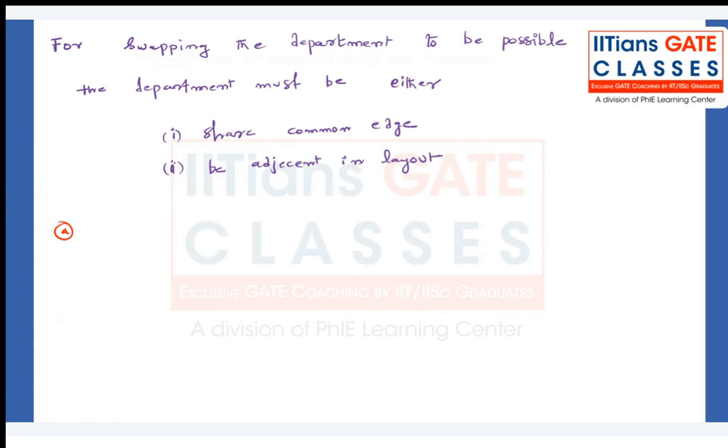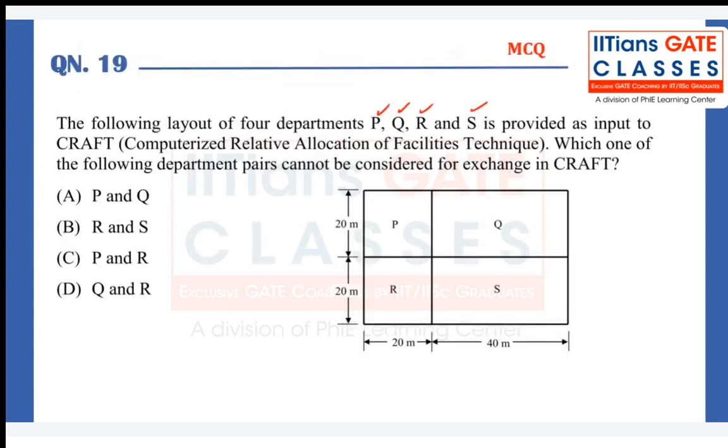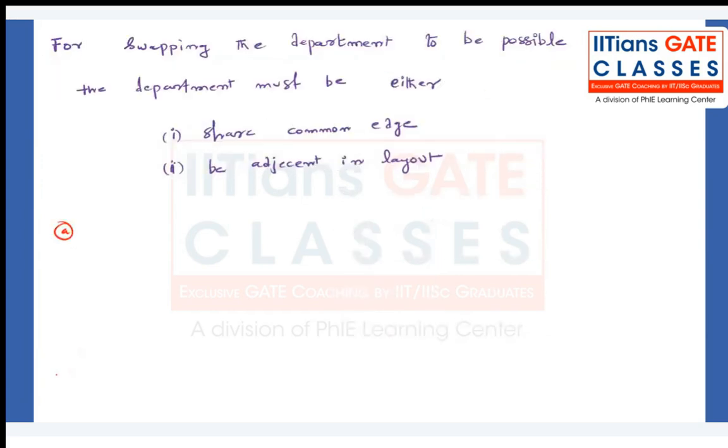Now let us see the first one, option A. P and Q: a vertical edge is going to be shared, right?